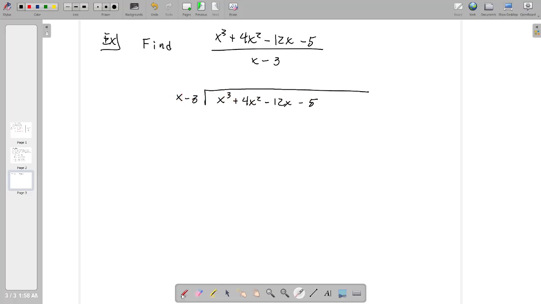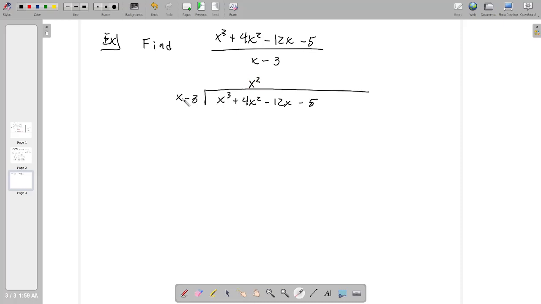Now here, what we're looking for is what we need to multiply by this polynomial to get an x cubed in our first term, because we want to eliminate as many of these terms as we can. So what we want to do first is start with something that we multiply by x to get x cubed. Now that something will be x squared. So we put an x squared up here.